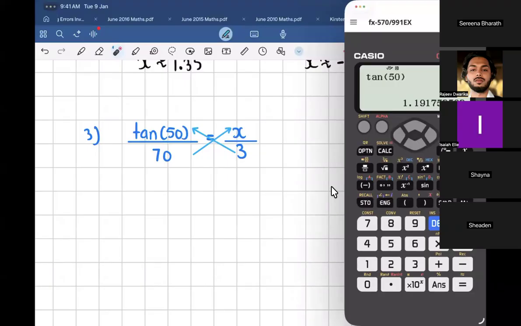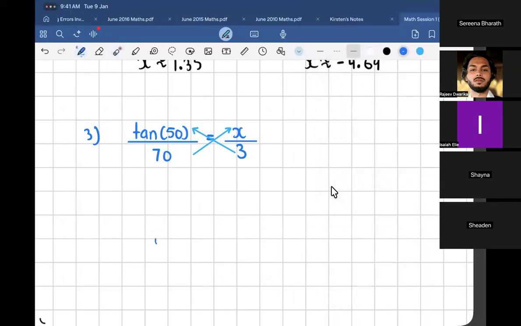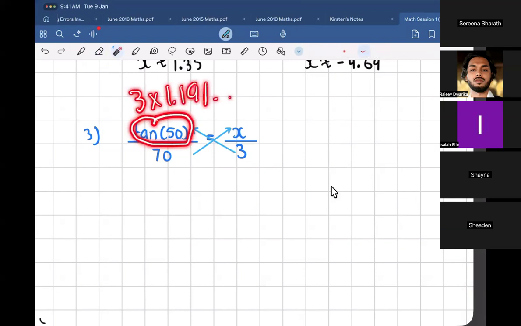Pi is actually what number? 3 point, right, exactly. So if I have pi, wouldn't I write 3 by pi? Exactly. So if tan 50 is a number, wouldn't I say 3 by 1.191, etc., etc., etc.?